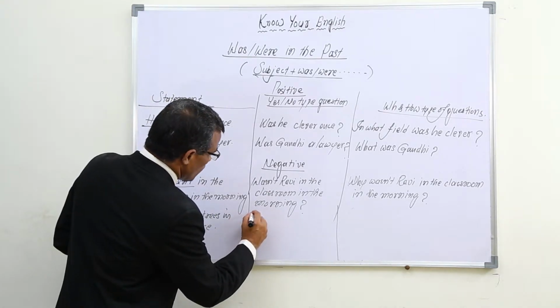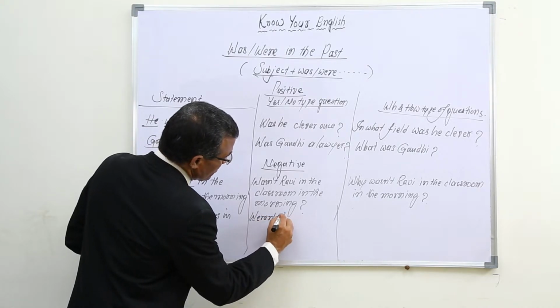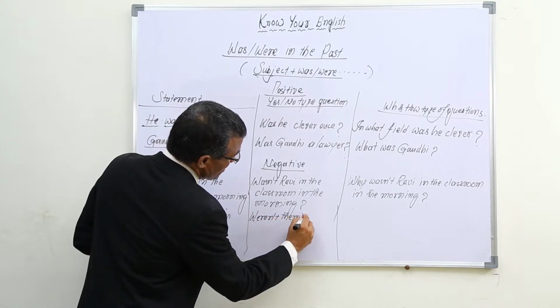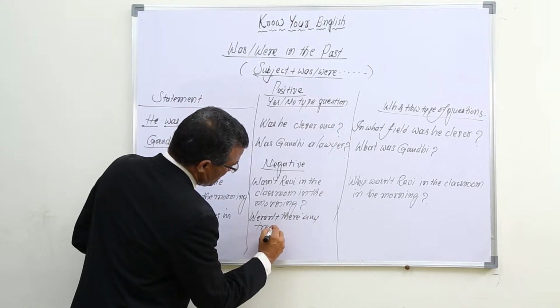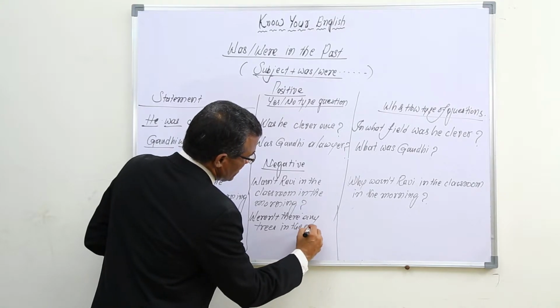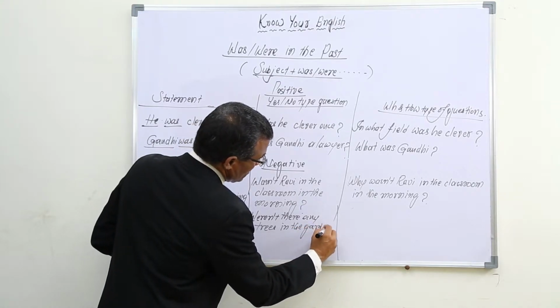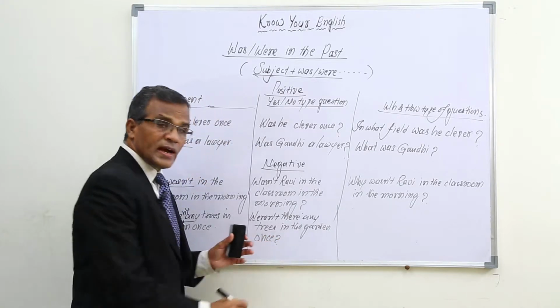Changing the order, weren't there any trees in the garden once?